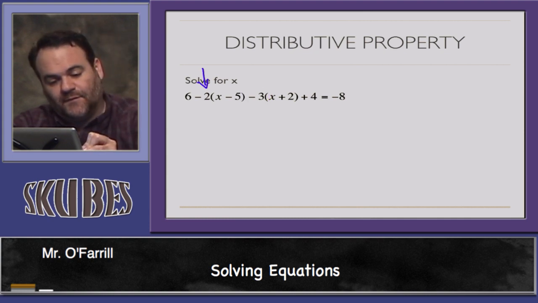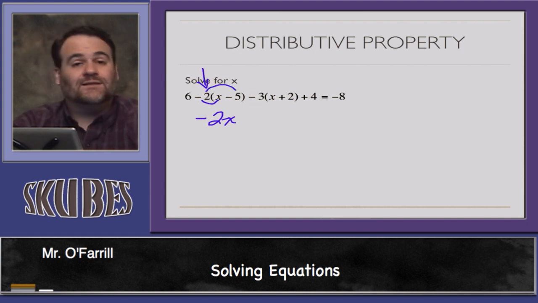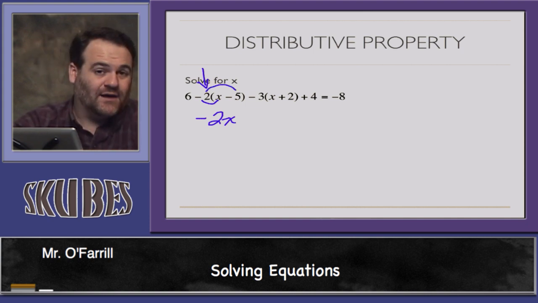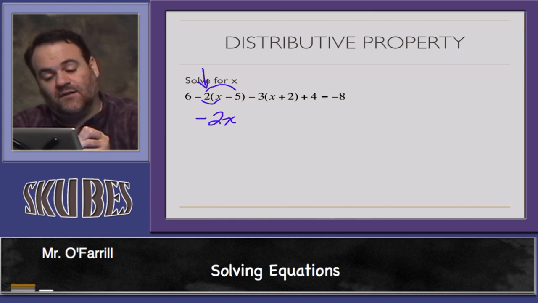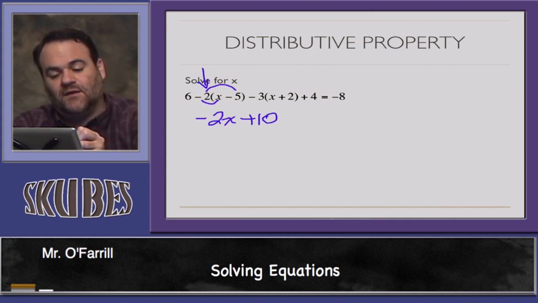So as we distribute, we're going to do negative 2 times x, which is negative 2x, and then negative 2 times negative 5. Negative times negative is going to be a positive 10. Do the same thing here.